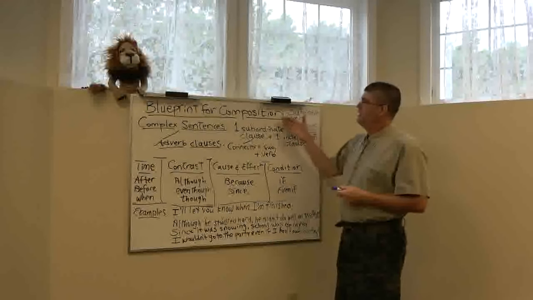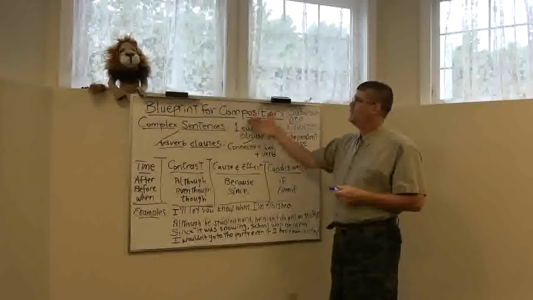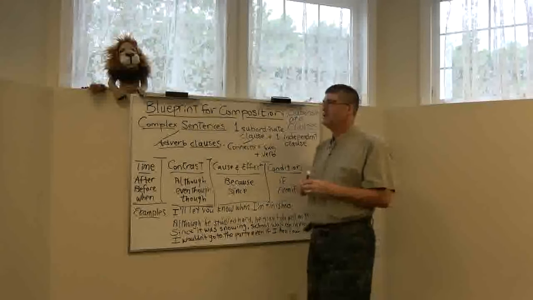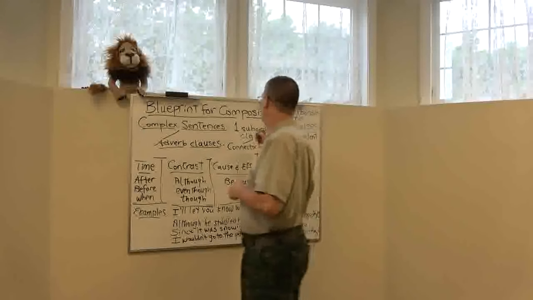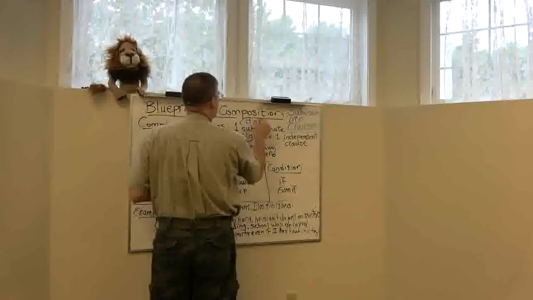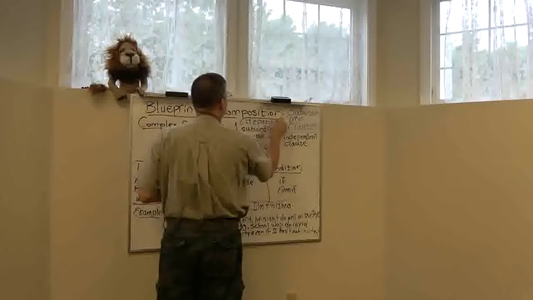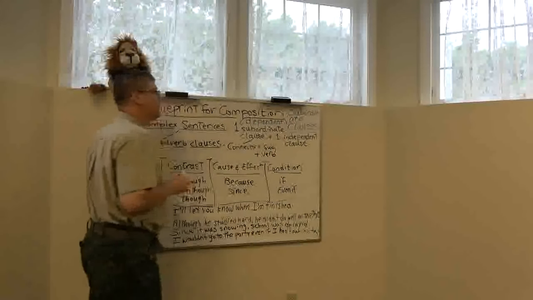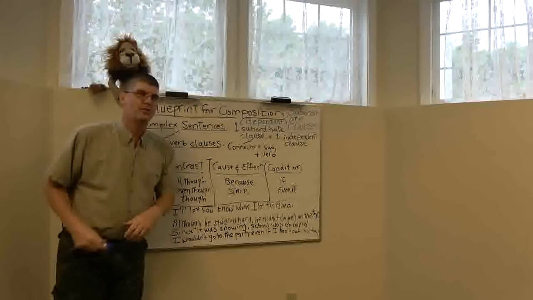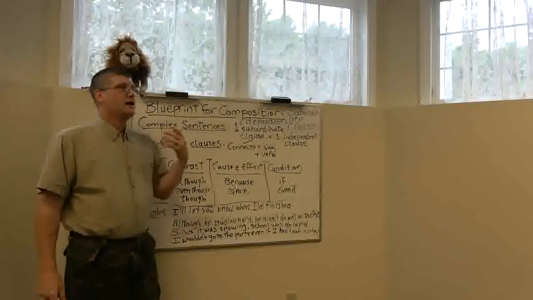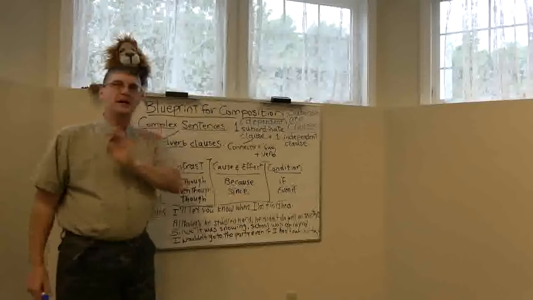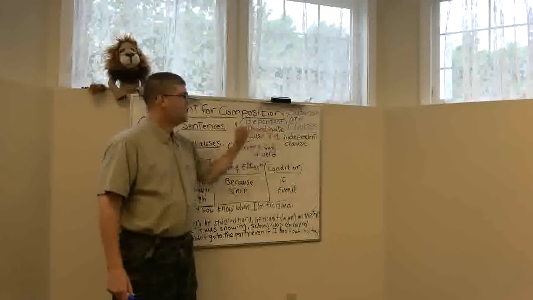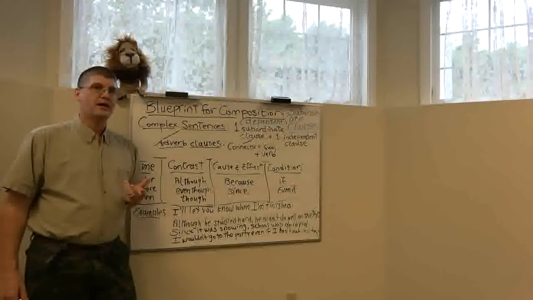In the previous video, we talked about the definition of a subordinate clause, and we also gave an alternative name for a subordinate clause, which was the dependent clause. So the dependent clause is another word for subordinate clause. And I explained in the previous video that dependent clauses must be attached to an independent clause in order to form a complex sentence.